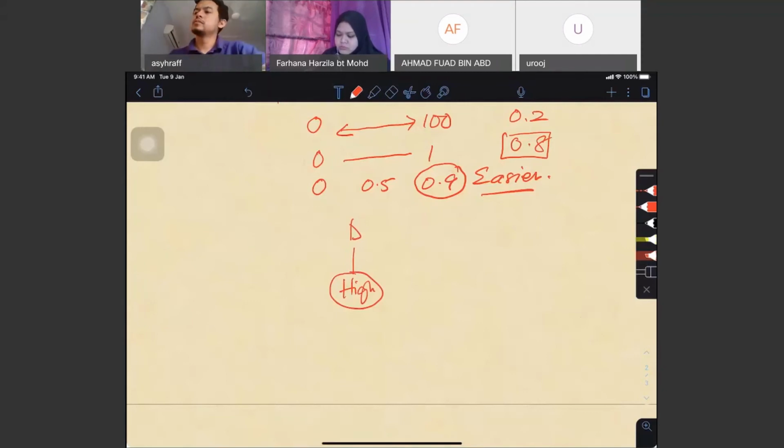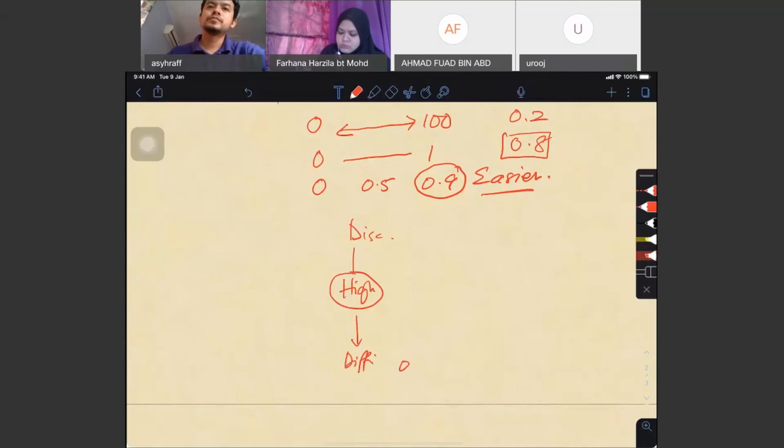So if the discrimination is high, and the difficulty is, let's say, 0.6, and discrimination is 0.4, which is actually very high, highly discriminating.